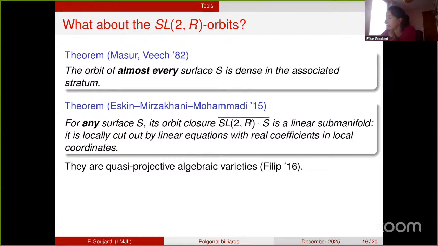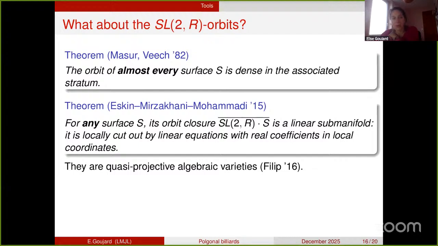And what you can say is that it's a linear submanifold in the moduli space, meaning that it's locally modeled, it's cut out by linear equations with real coefficients in local coordinates. So basically it behaves like the whole moduli space itself. There are actually also quasi-projective algebraic varieties by a result of Filip.